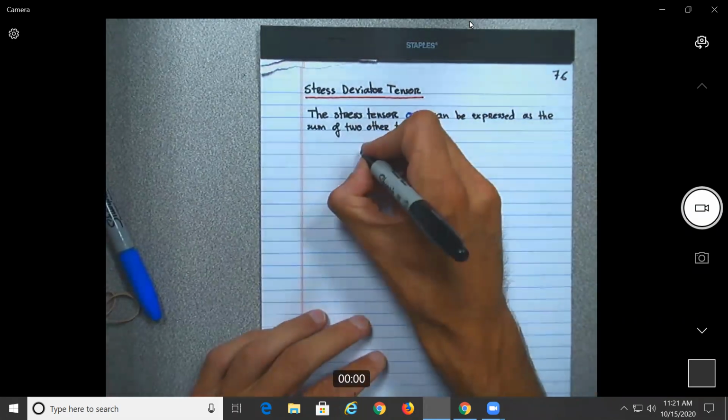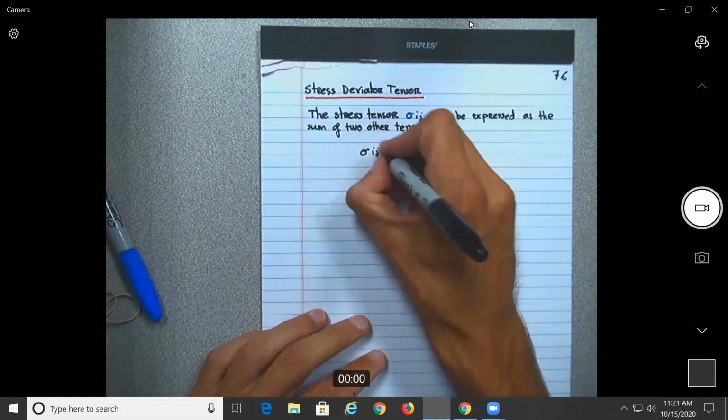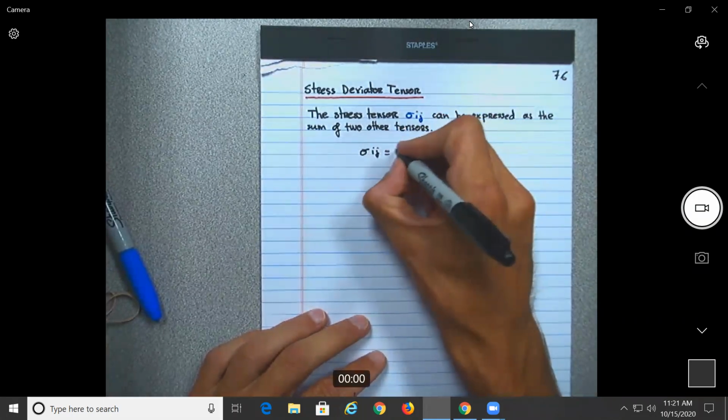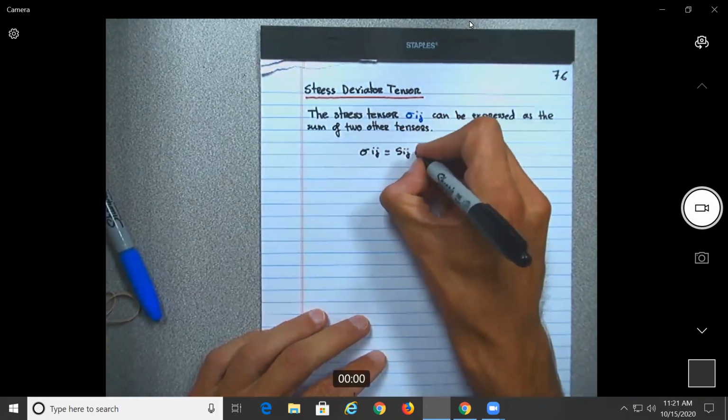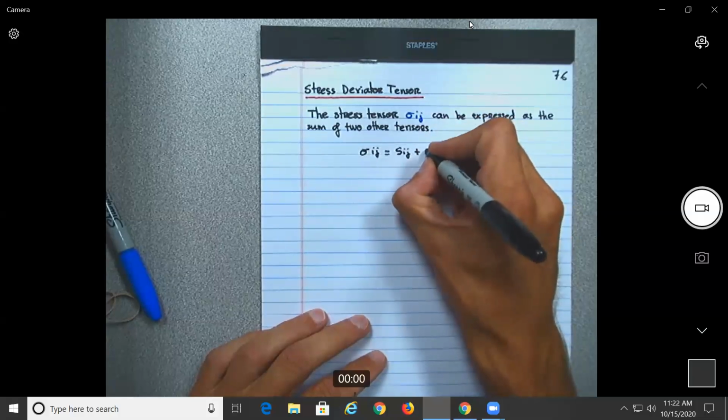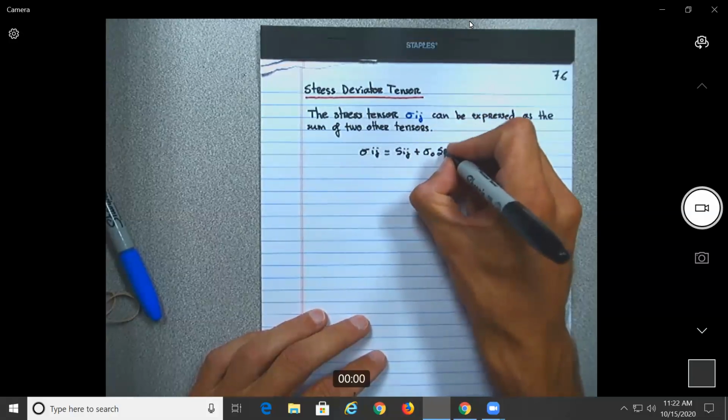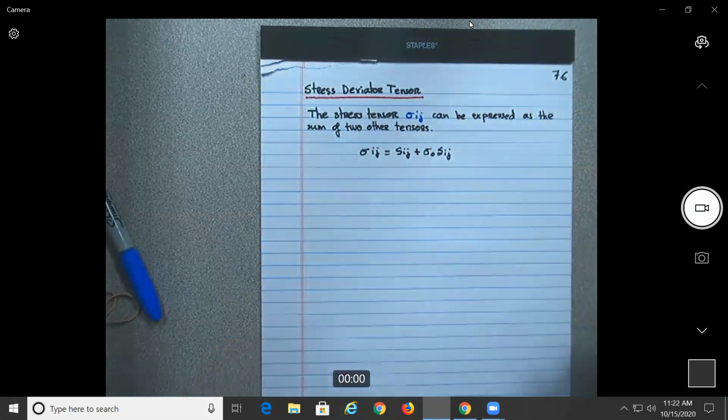So the sigma ij here could be equal to S ij plus sigma sub naught delta ij. And I will specify now what each one is.